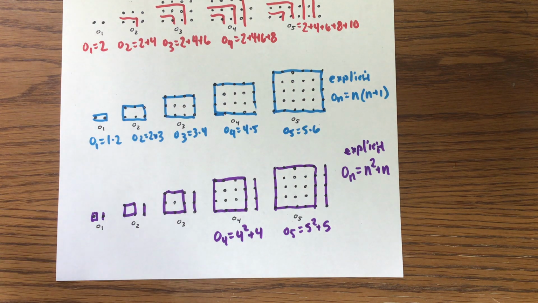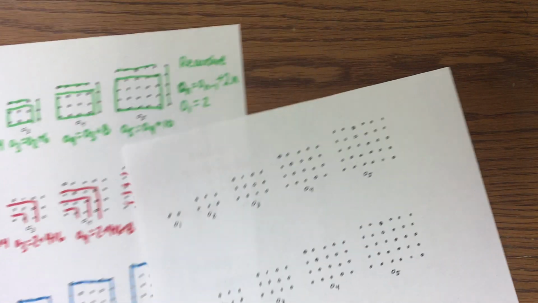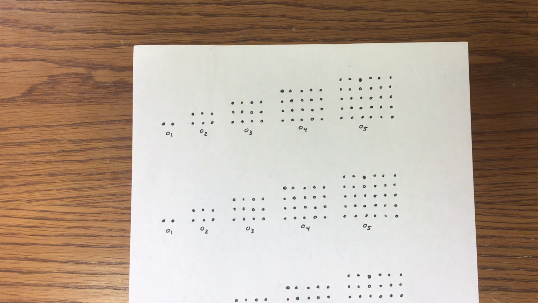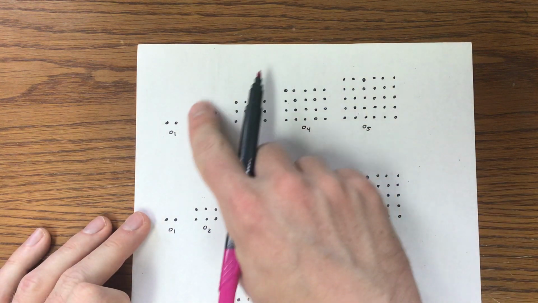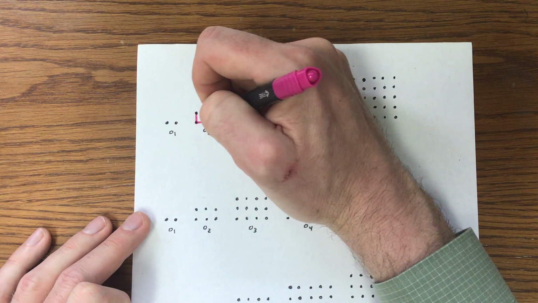I want to look at a relationship between the oblong numbers and the triangular numbers. So here are my oblong numbers again. And now I'm playing the can-you-find-the-hidden-shapes game. Can you see 2 triangles? Can you see triangles hiding in here?